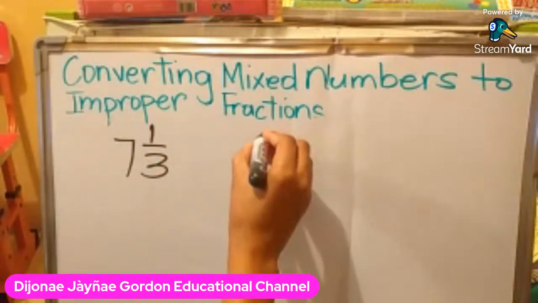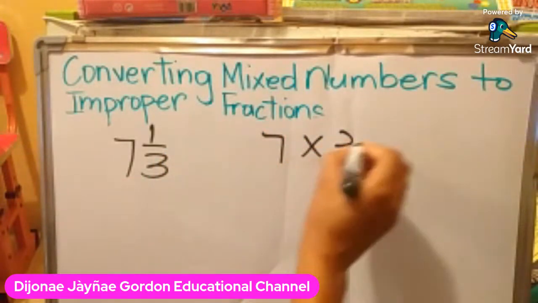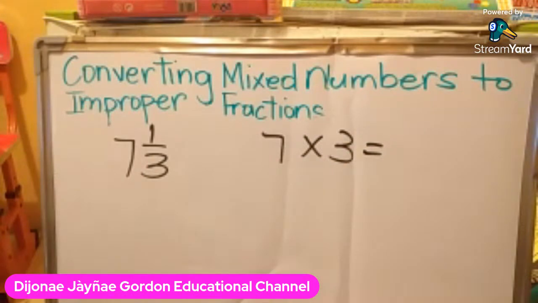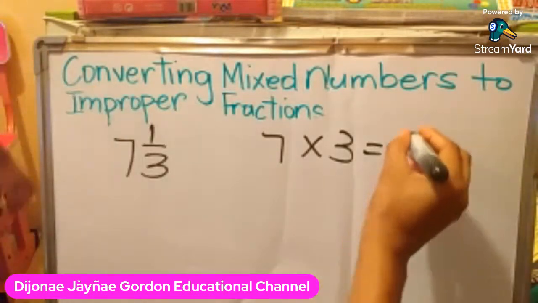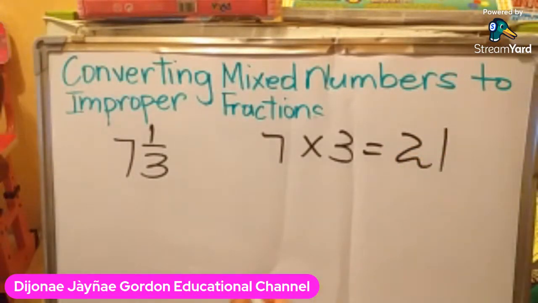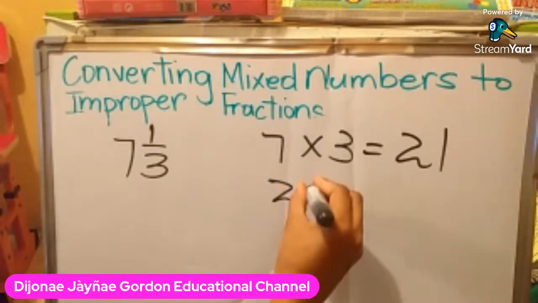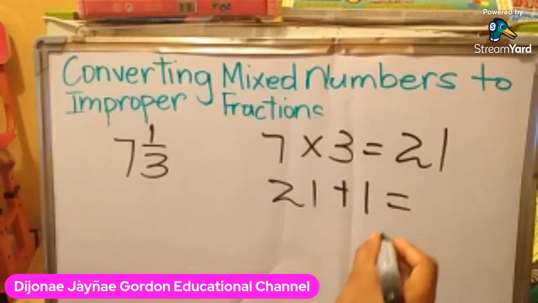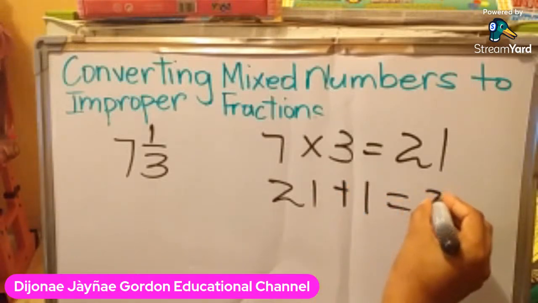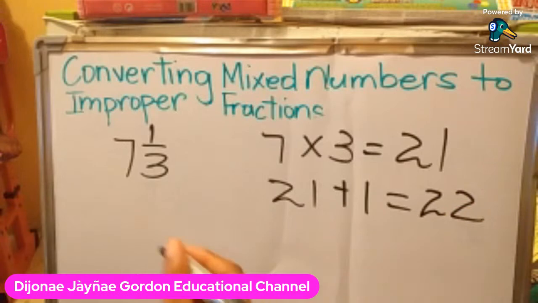All right, let's see. 7 multiplied by 3. And if you don't know your timetable, you're going to have a problem in doing this because you have to know your timetable to get this done. So 3 multiplied by 7 is 21. All right, 21 plus 1 is going to be 22.